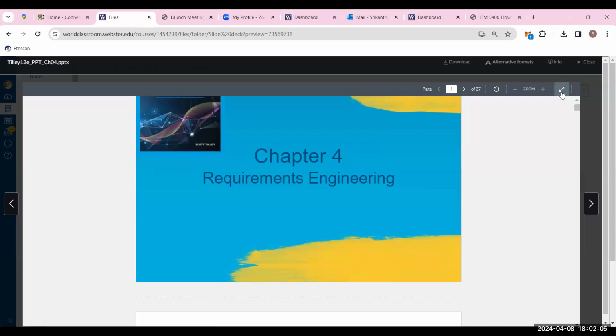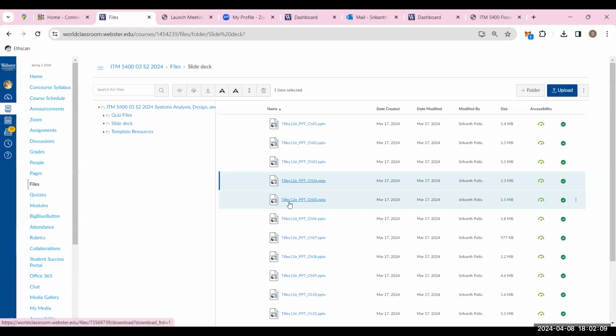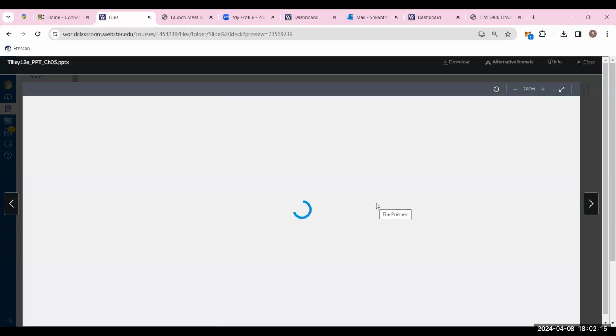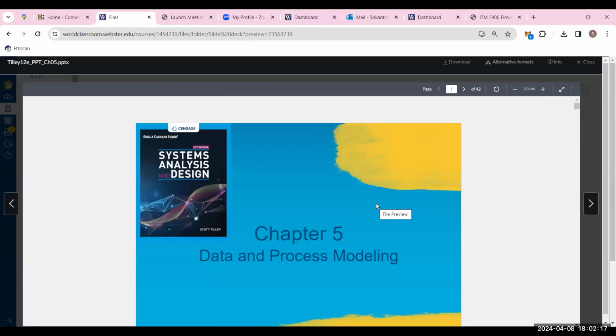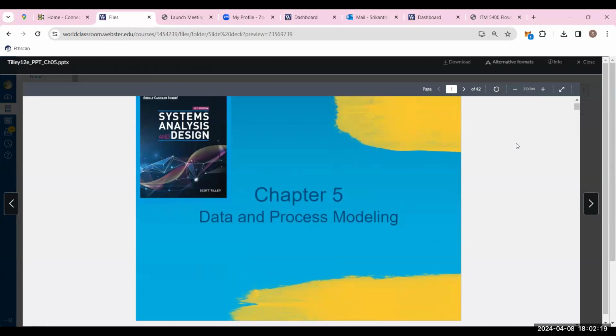In fact, I thought that was chapter 3, but I'm wrong. I think it was chapter 4 we covered last week, and it's chapter 5 we're going to talk about this week, which is good. I'm happy. This is data process modeling, which is also called structured analysis, okay?